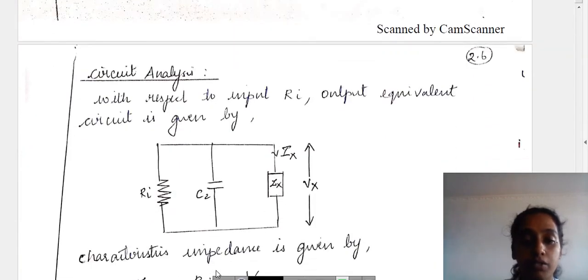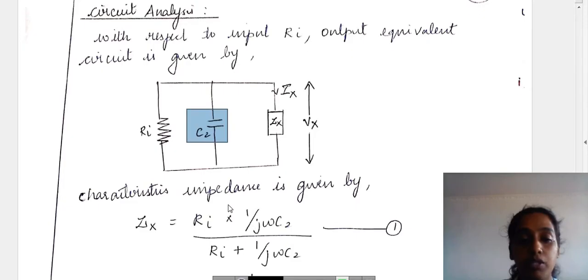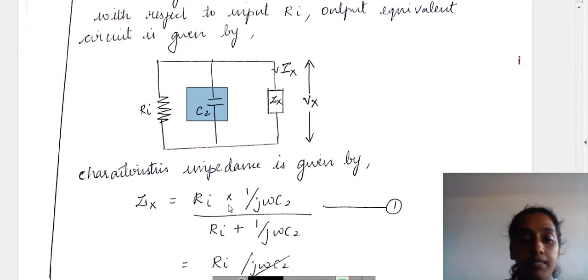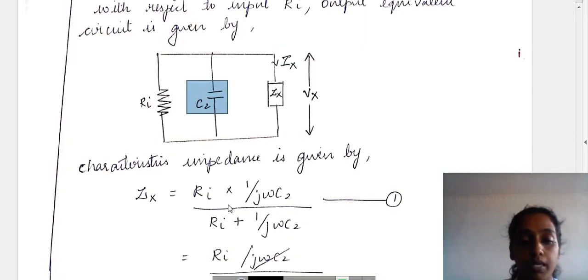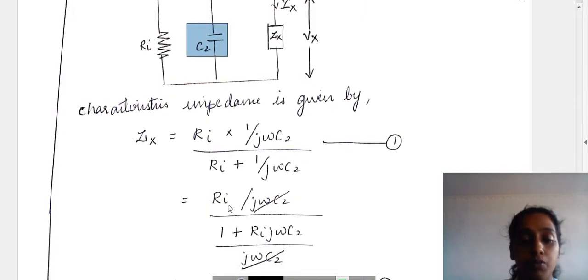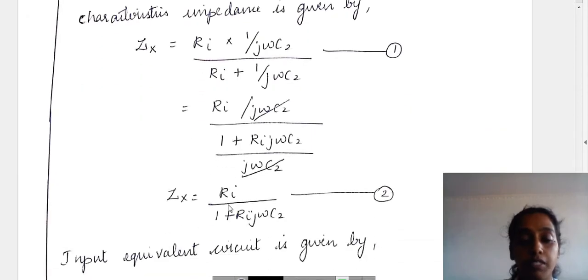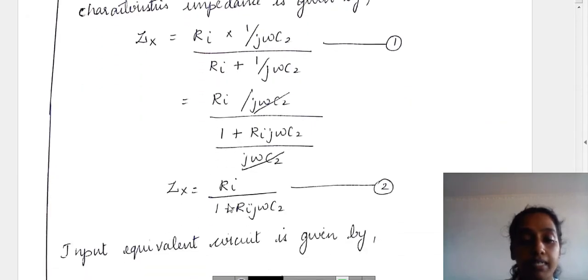So coming to the circuit analysis, consider Ri and the output capacitance C2. Here we are able to calculate the characteristic impedance Zx, which is Ri into 1 by j omega C2 divided by Ri plus 1 by j omega C2. First we have to calculate the value of Zx.